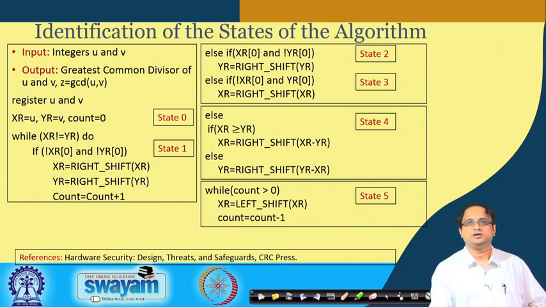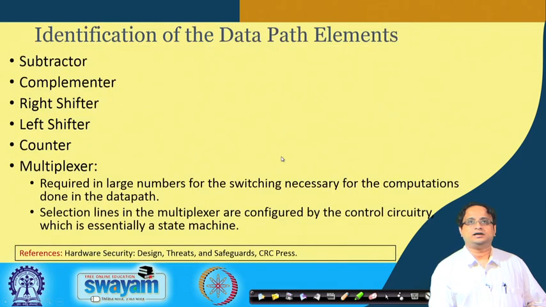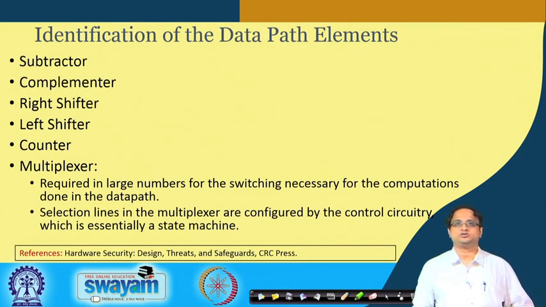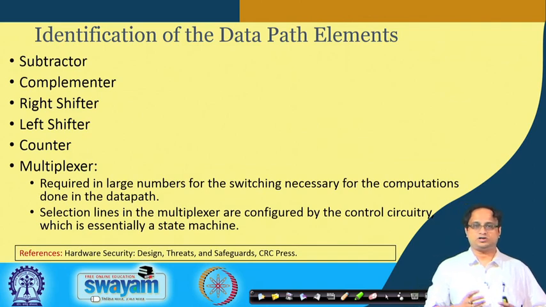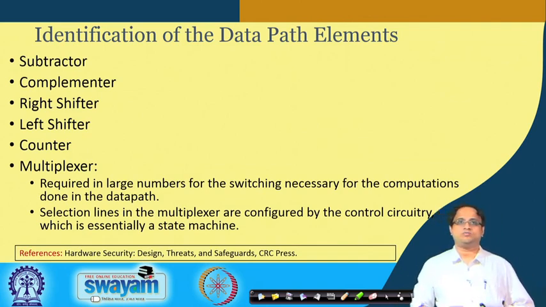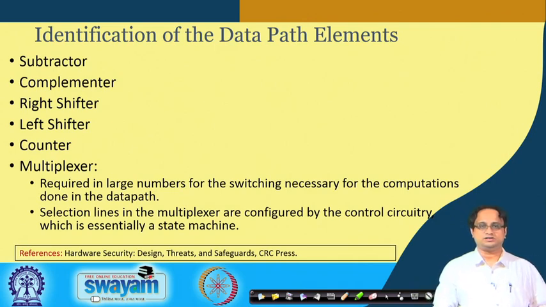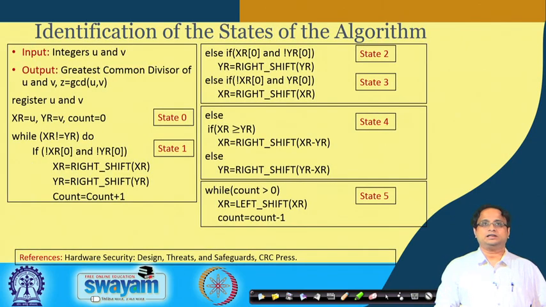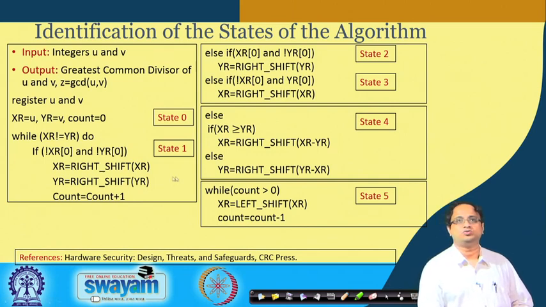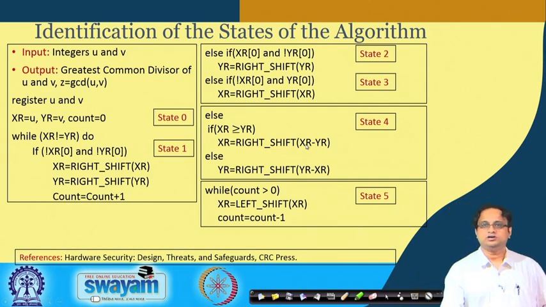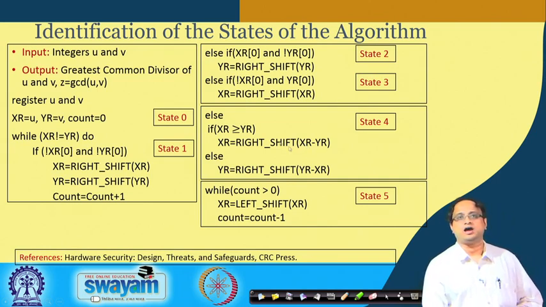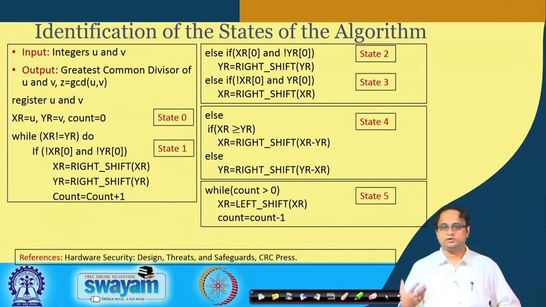It is important that we understand how the state assignments are done and how we subsequently translate to a hardware design. Now let us see how we identify the data path elements. Data path elements are nothing but computational units. Let us see which computational units you have already used in your design: right shifters, left shifters, adders. Subtraction can be realized by addition, so we need a subtractor, and we also need comparisons, which you can also implement with a subtractor.